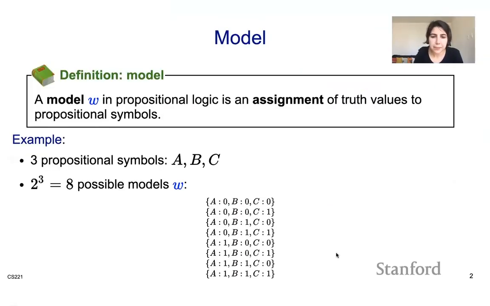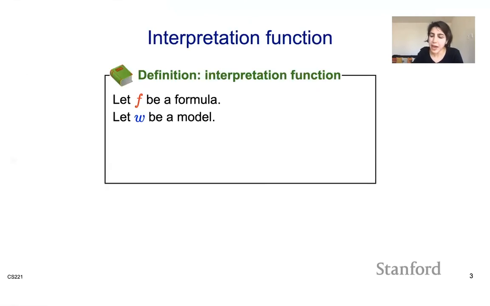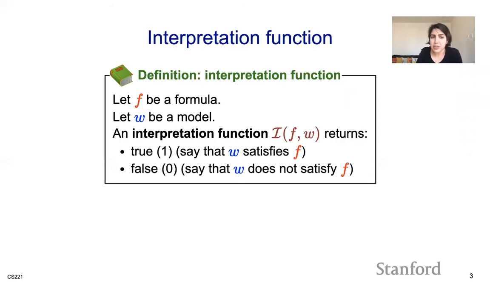All right, so now we are ready to define this thing that's called interpretation function. And an interpretation function is the thing that actually gives us semantics and gives us meaning. So what is an interpretation function? Let F be a formula. That's what we defined in syntax. And let W be a model, an assignment. So an interpretation function, I, gets a formula, gets a model, and it basically outputs true or false.